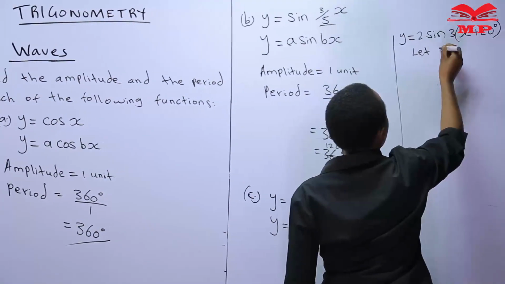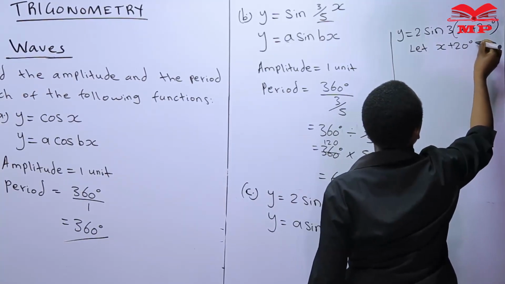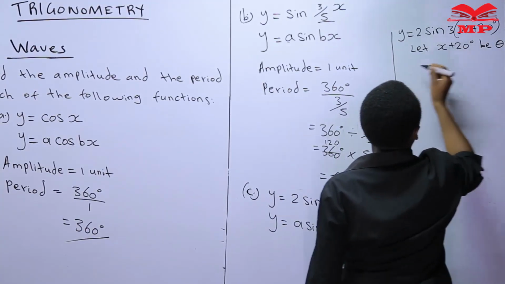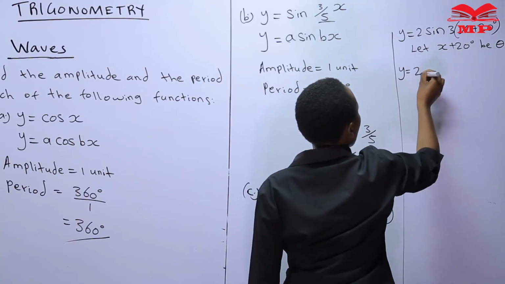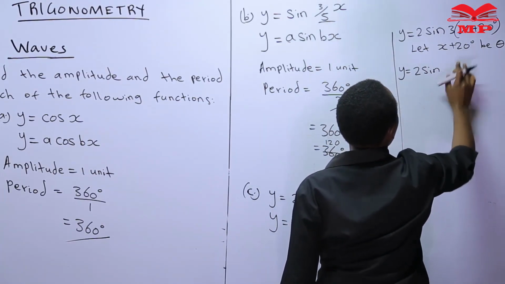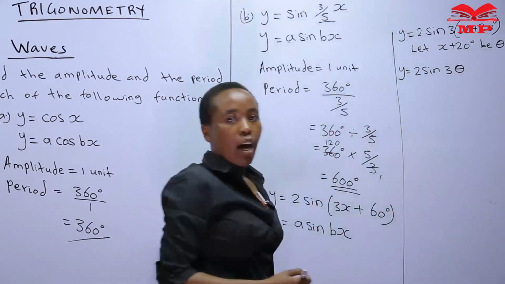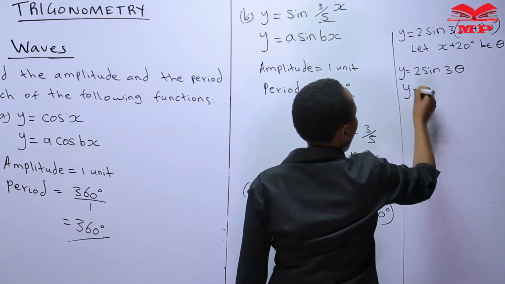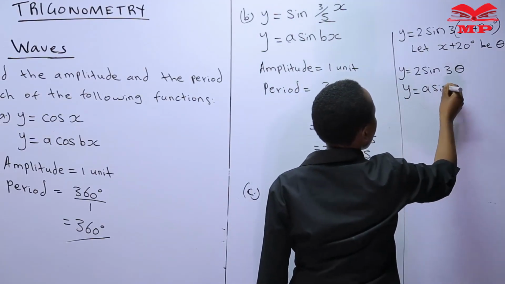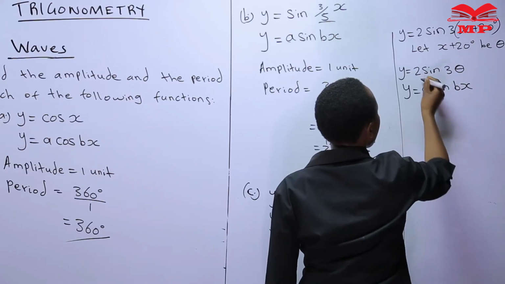Then we simply say, let this angle x plus 20 degrees be theta. So we are going to have y is 2 sine, sorry, we have a 3 here, 2 sine 3 theta. And we know that the general equation is y is equal to a sine bx, and therefore our amplitude is this.